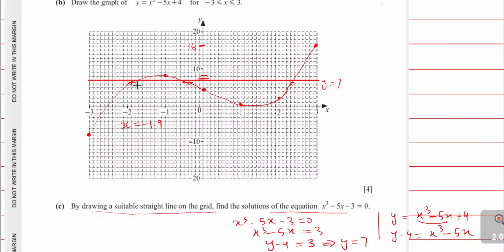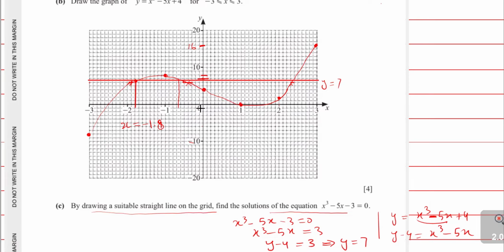This line intersects the graph at this position, and at this position the value of x is minus 1.8. And this line intersects the graph at this position, and this is x equal to minus 0.6.